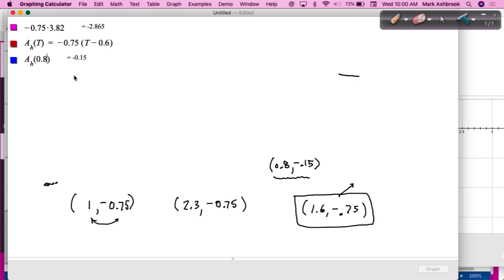So my point is a function is not synonymous with its graph. A graph is one aspect or one way to represent a function. By defining the function, it's just kind of telling GC about this relationship, and then we can use it in different ways. So here's one way I can use it. It's just find a value of the dependent variable when x is 0.8, or the input is 0.8.